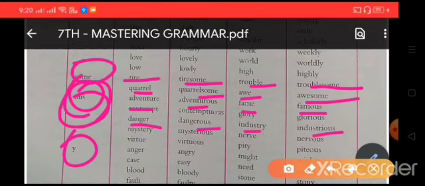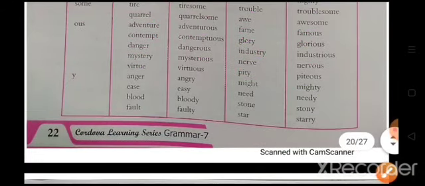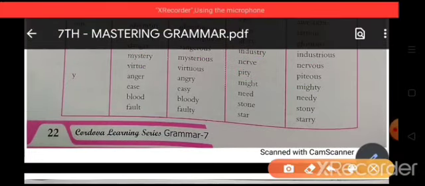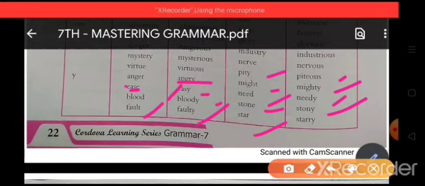Industry, industrious, virtue, virtuous, pity, piteous. And let's see the y also. When we are adding y, it becomes anger, angry, ease, easy, blood, bloody, fault, faulty, might, mighty, need, needy, stone, stony, star, starry.